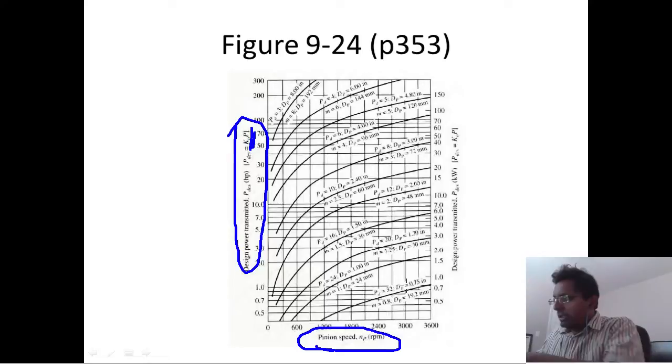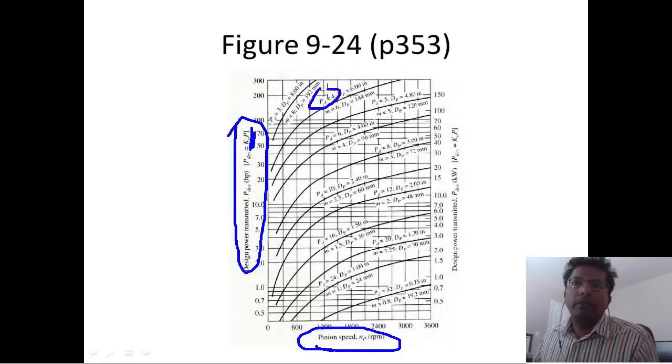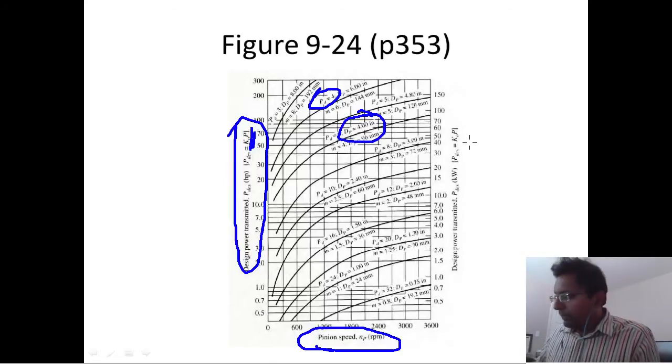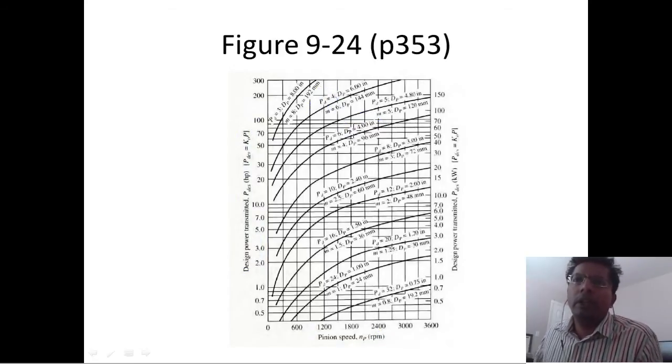And if you look at these graphs over here, all of these basically have the diametral pitch, and then it tells you what is the diameter of the pinion and so on. This can also be used to calculate the metric module of a gear.